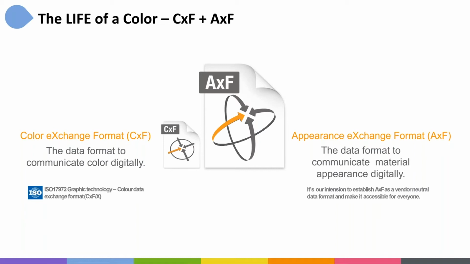The AXF is kind of like the evolution of the CXF in that it's a full appearance communication, or way of communicating our material appearance digitally. And I'll go into a little bit more about the differences between the two and what AXF is adding on top of the CXF that really makes it a robust file format and package to deliver specification information.